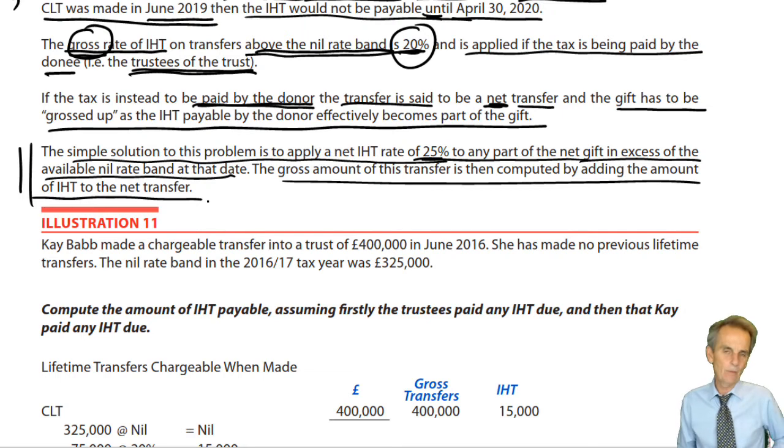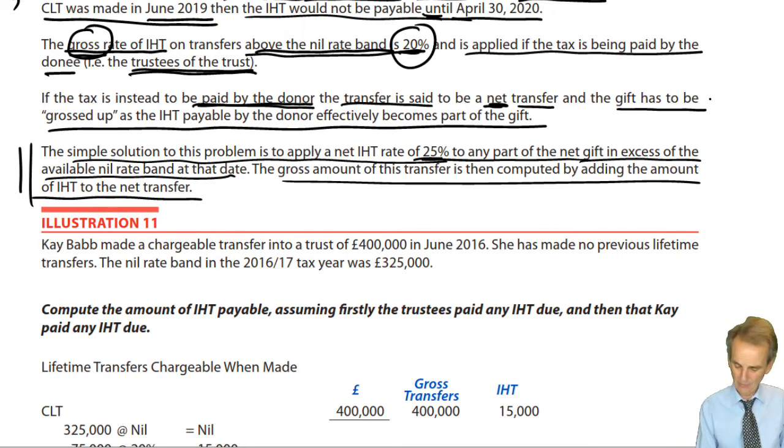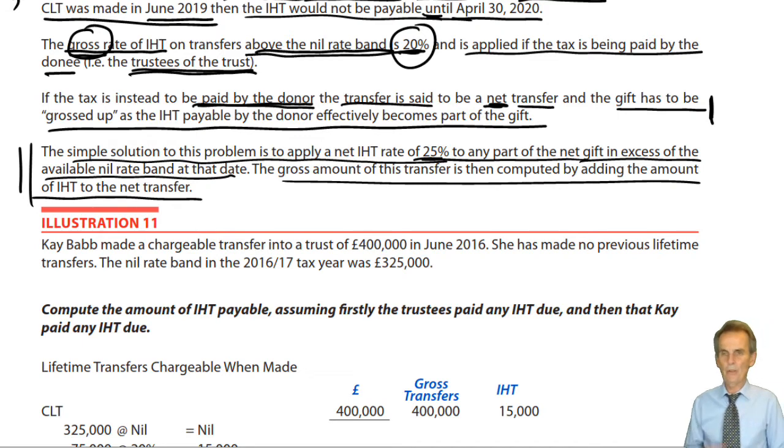The concept of why it is a net transfer, that was this little statement here. We know that the chargeable transfer is based on an original transfer of value. And the transfer of value is the difference between what I have before the transfer and what I have after the transfer.